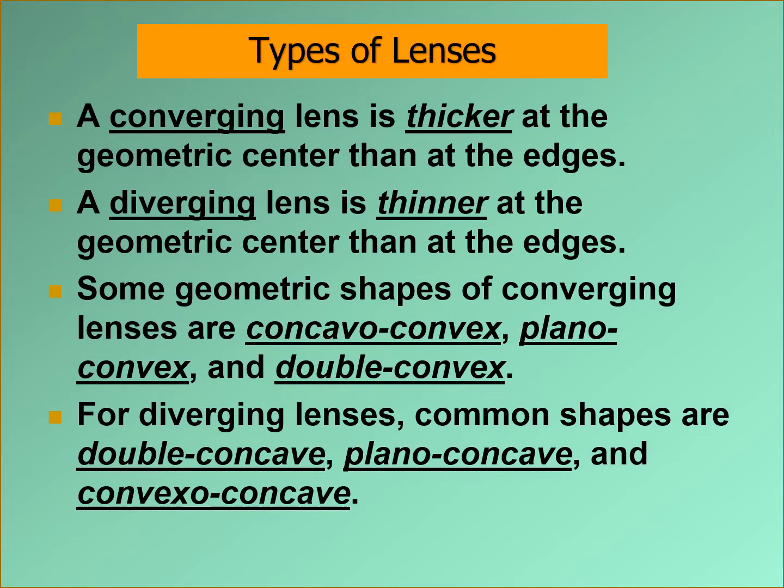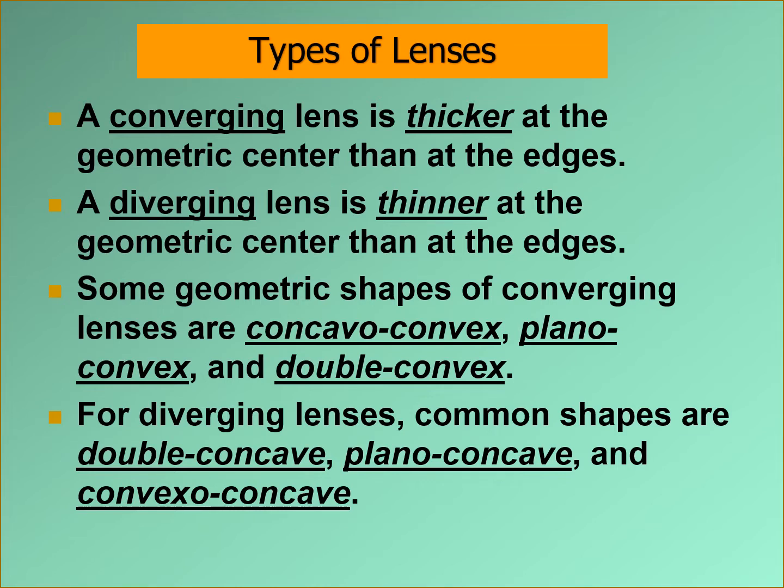Alright, so to summarize the different types of lenses, you may have noticed that for converging lenses, the geometric center of that lens is thicker when compared to the edges, while a diverging lens is thinner at the geometric center compared to the edges.